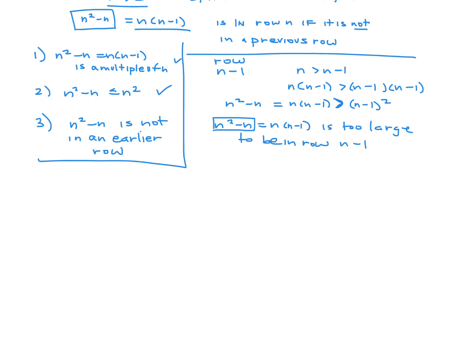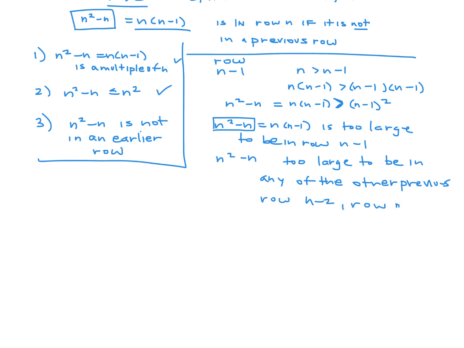And if that's the case, then n squared minus n would also be too large to be in any of the other previous rows, like row n minus 2, row n minus 3, and so on.